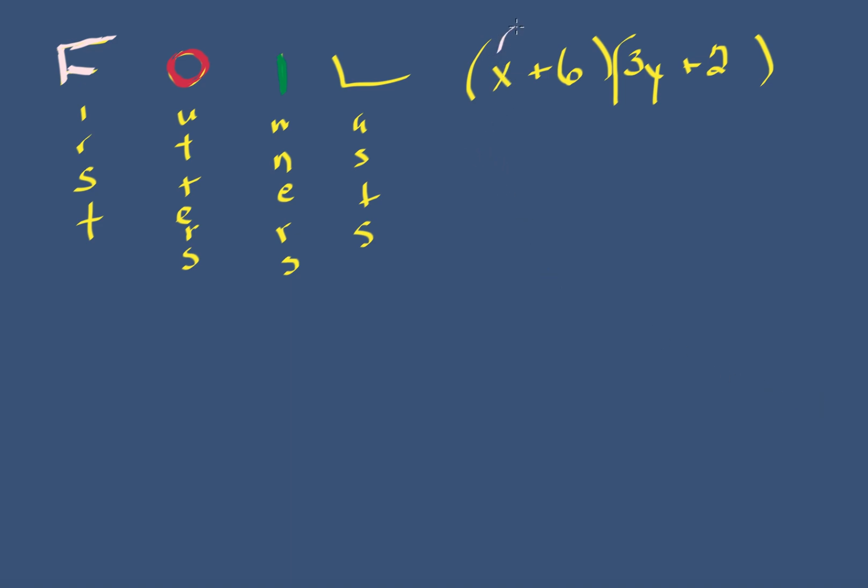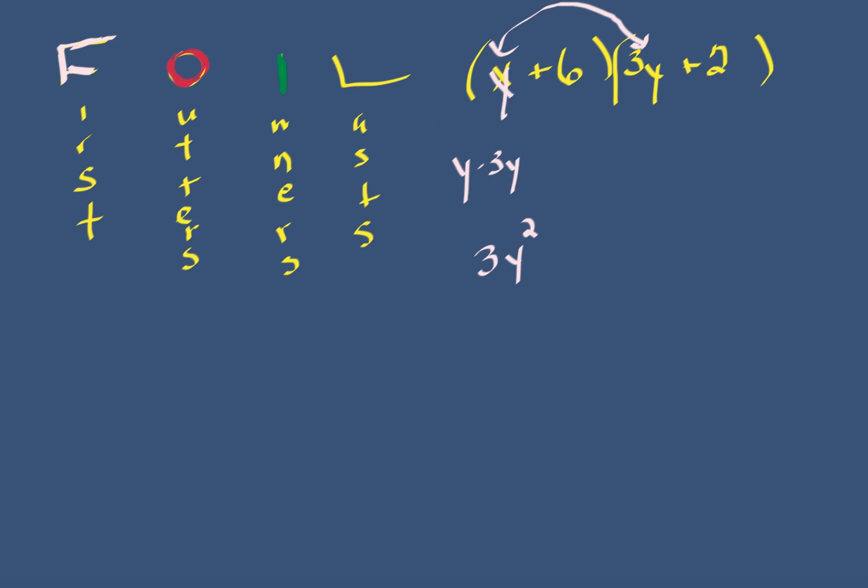We're going to multiply this and this. So we're going to multiply. What? This is supposed to be a y. y times 3y is 3y squared.